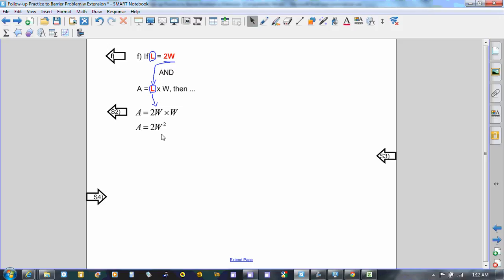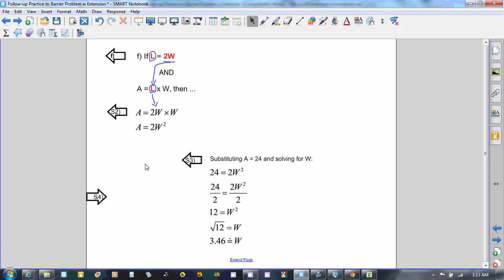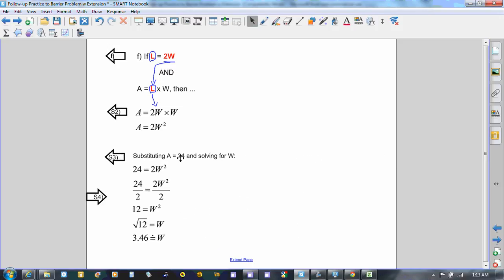Now remember, we used the spreadsheet to determine the minimum perimeter, and we needed to figure out one of the dimensions. So the way we did that was by substituting the area and solving for W. Remember how we divided the area by one of the dimensions to get the other one? So in goes the area. Then we'll begin solving. We'll divide both sides by 2, and that'll give us 12 equals W squared.